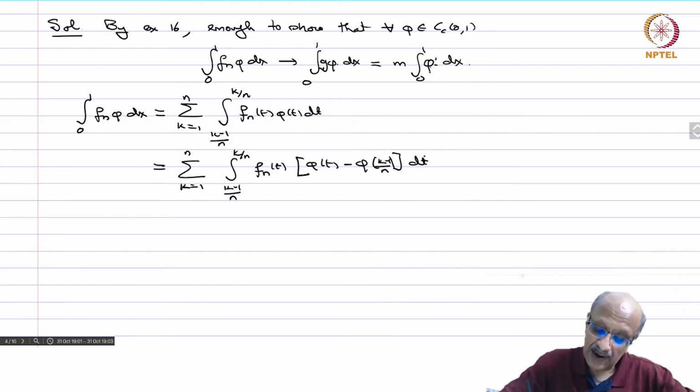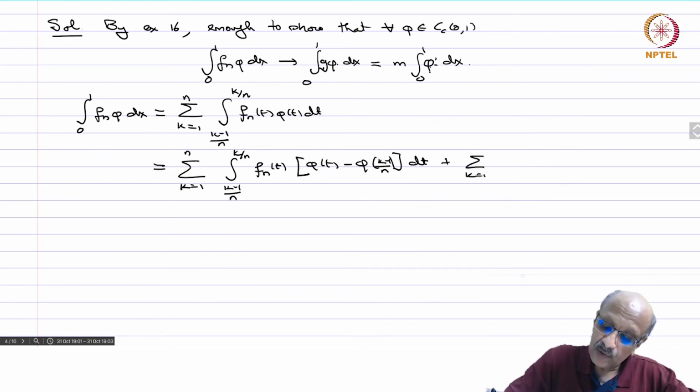Okay, so I am just subtracting the base value of phi, plus sum over k equals 1 to n of phi((k-1)/n) times integral from (k-1)/n to k/n of Fn(t) dt.